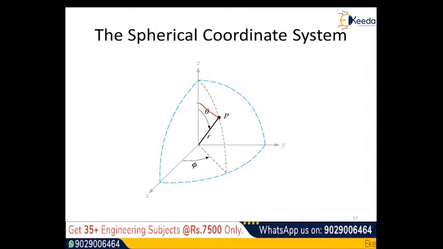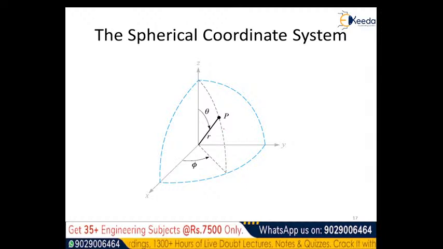At the point of intersection, we have to imagine the positive x direction, and the angle measured from the positive direction of x towards this perpendicular line segment is nothing but the angle phi here. So with r and phi, we have another angle, that is theta. So this is the simple introduction to the spherical coordinate system here.